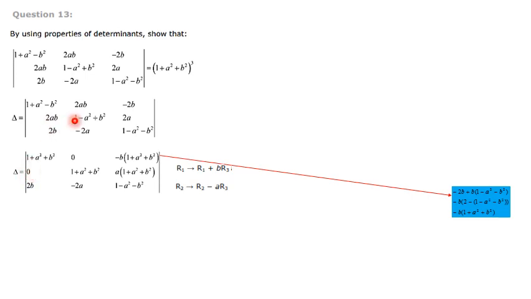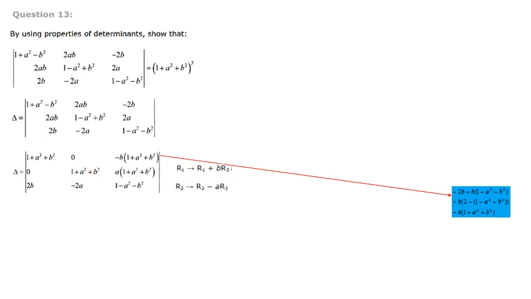Next is 1 minus a square plus b square minus a into r3, that is a into 2a, that is 2a square. So when you do the calculation, 1 minus a square plus b square plus 2a square, it will become 1 plus a square plus b square, because minus a square plus 2a square, when you do the calculation, you will get plus a square.